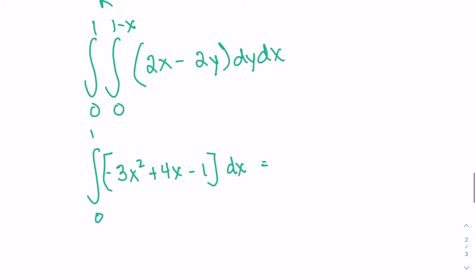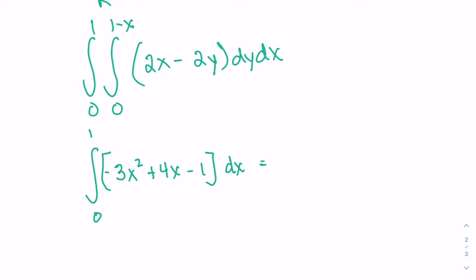And then integrating that in terms of x, that becomes negative x cubed plus 2x squared, just minus 1x from 0 to 1. And then when you plug in everything, you'll get negative 1 plus 2 minus 1 minus just zeros. So that gives us 0.